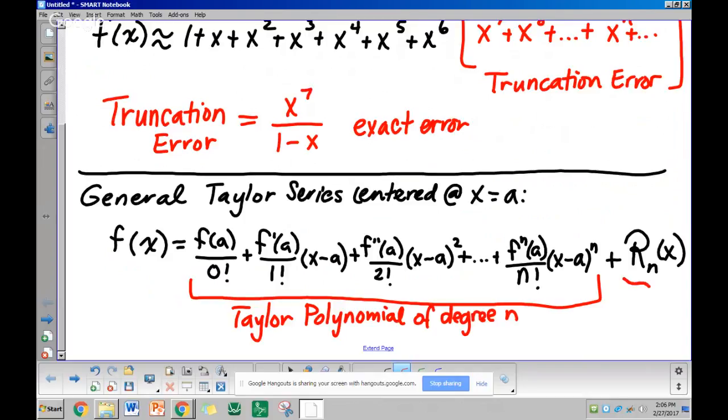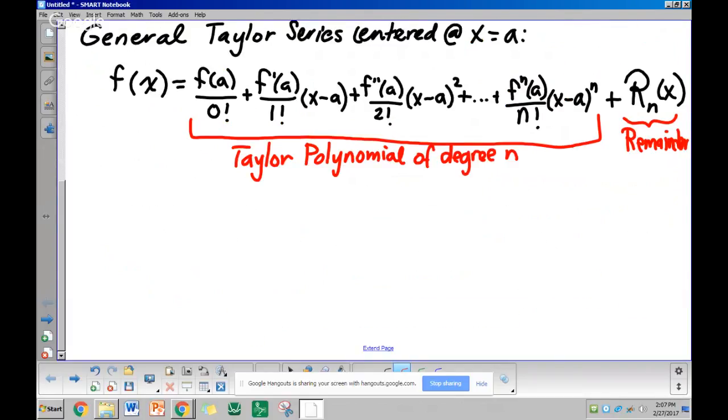And then this would be my remainder. Does that make sense to everybody? If I use a Taylor polynomial at its nth degree, and then whatever's left will be my remainder. I think that makes sense.